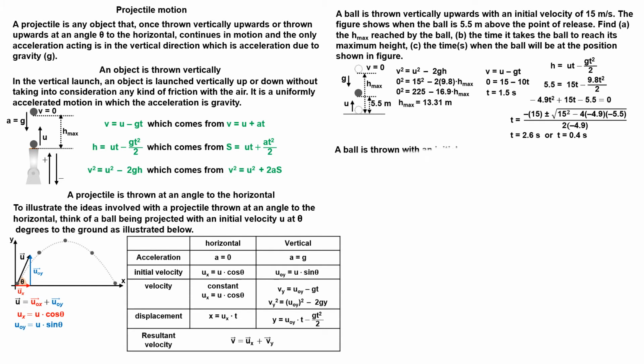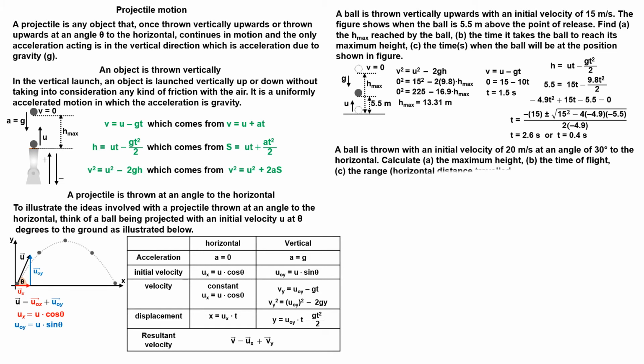A ball is thrown with an initial velocity of 20 meters per second at an angle of 30 degrees to the horizontal. Calculate the maximum height, the time of flight, the range (horizontal distance traveled by the ball), and the velocity at t equals 1.3 seconds.